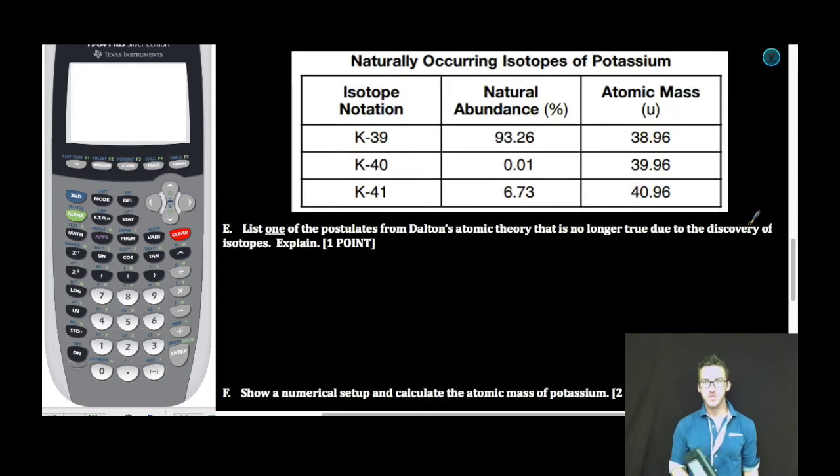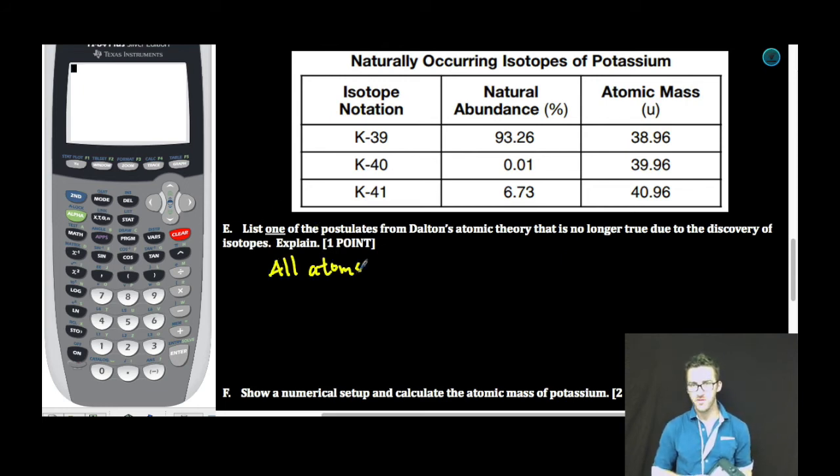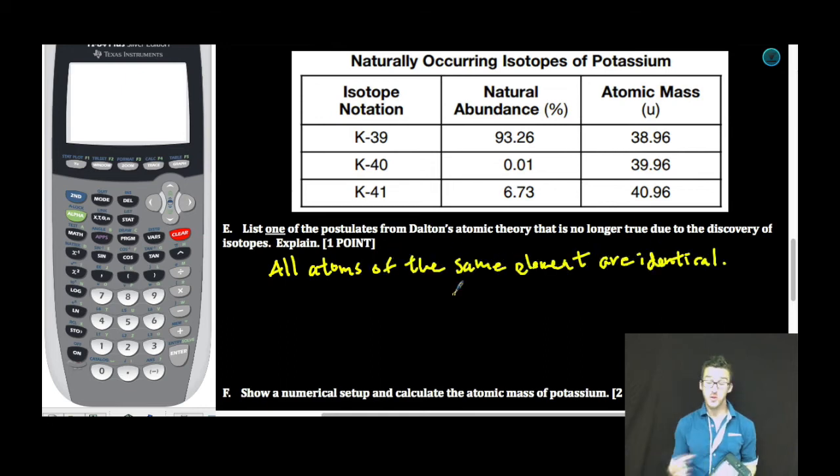Part E. List one of the postulates from Dalton's atomic theory that is no longer true due to the discovery of isotopes. Explain. One of the postulates from Dalton's atomic theory that is no longer true due to the discovery of isotopes is that all atoms of the same element are identical. That's no longer true. Now, let's explain.